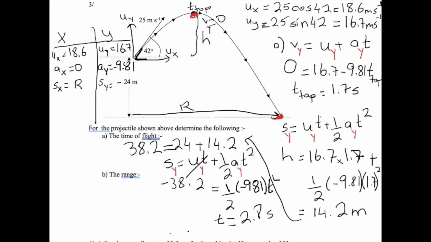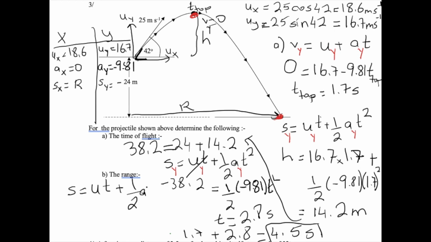And then the total time will be time to reach the top plus time to fall from the top. So my answer is 4.5 seconds total. To find the range, again, I am using one more time this good old formula, but now I'm going to use it for horizontal, which means I'm going to need to take values only from this side of my table, where acceleration x is 0.